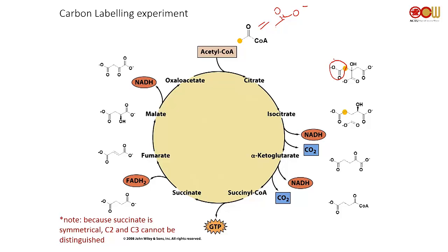And remember that in isocitrate, the OH is always going to go to here and not here. So the OH migration will always move to the carbon that's opposite of the acetyl-CoA. And then subsequently, your labeled carbon is going to be right here.